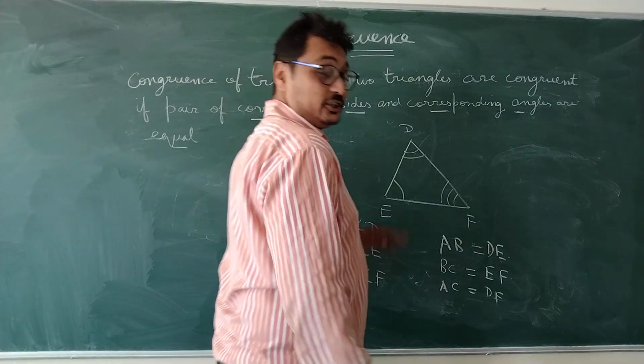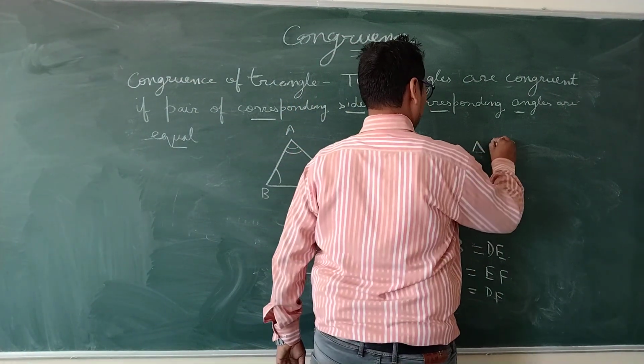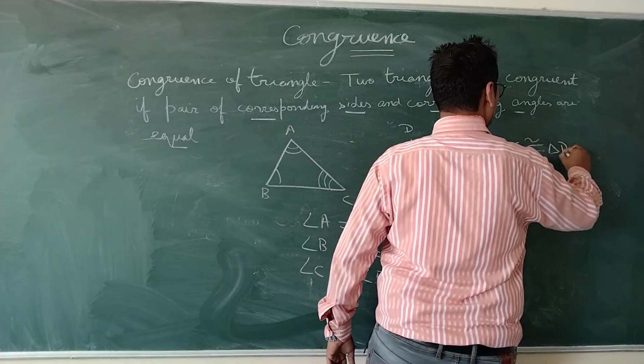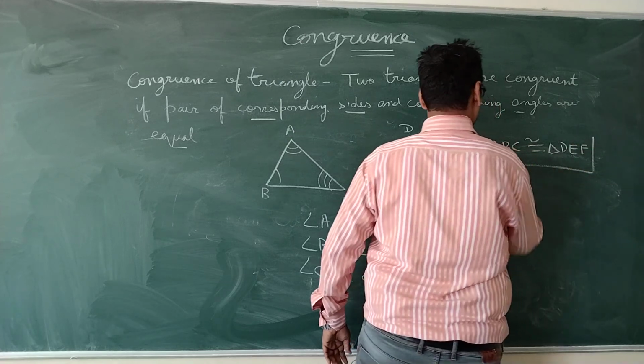If these conditions are true, then we can say triangle ABC is congruent to triangle DEF.